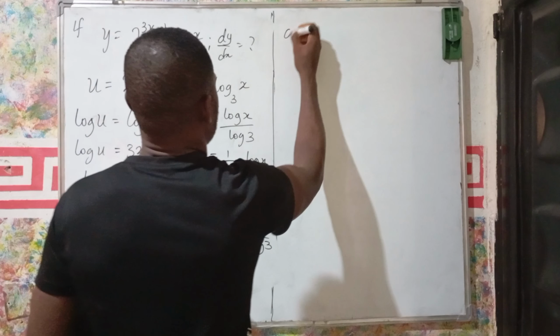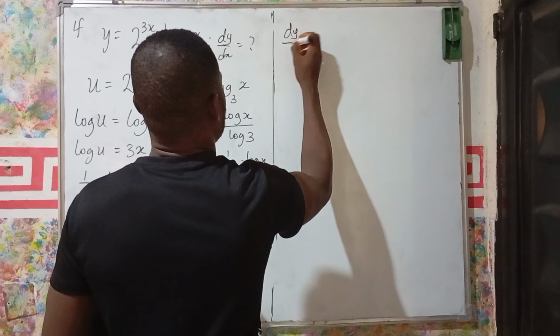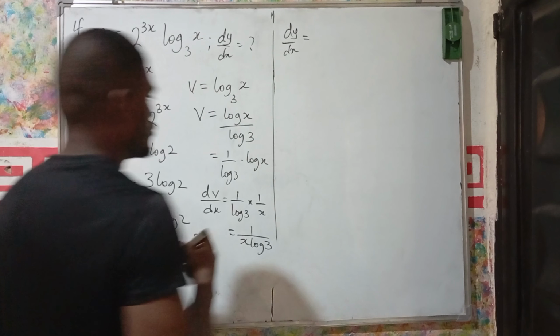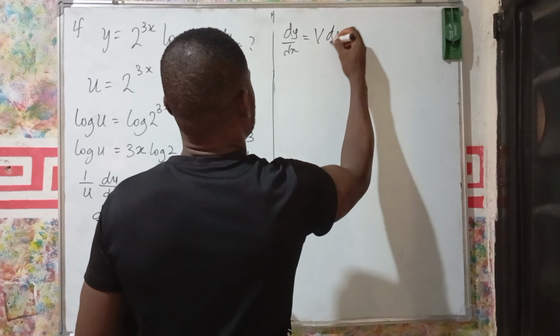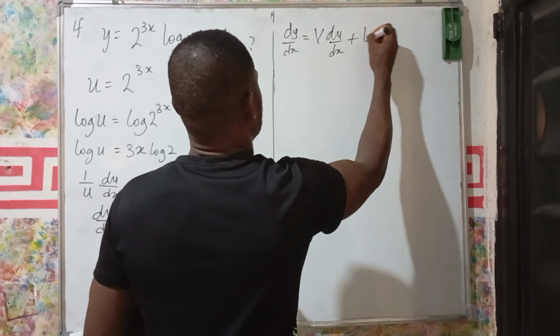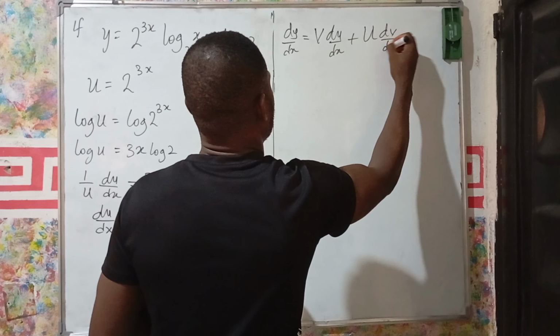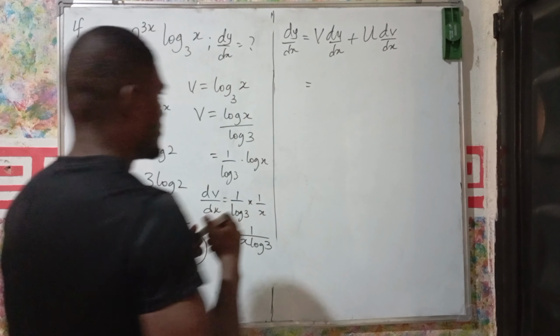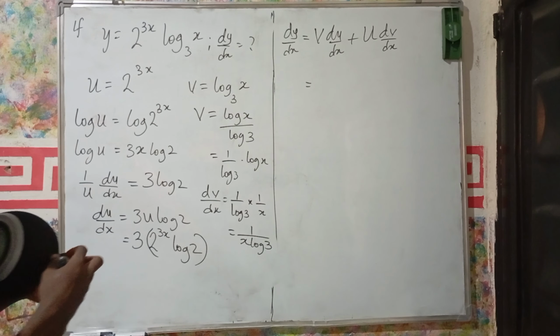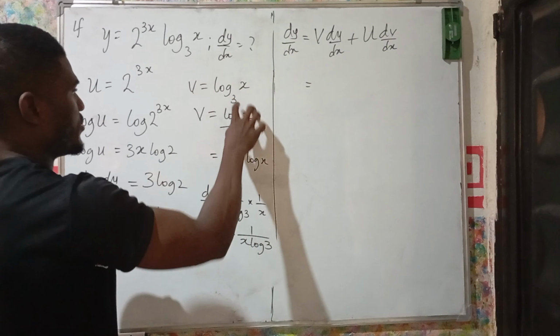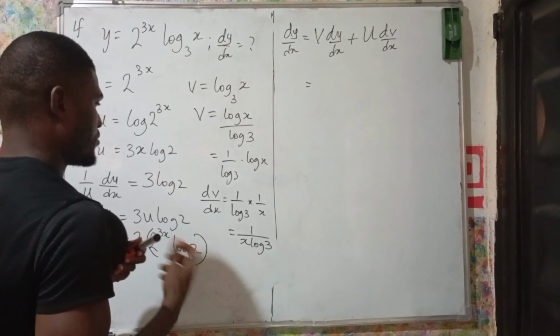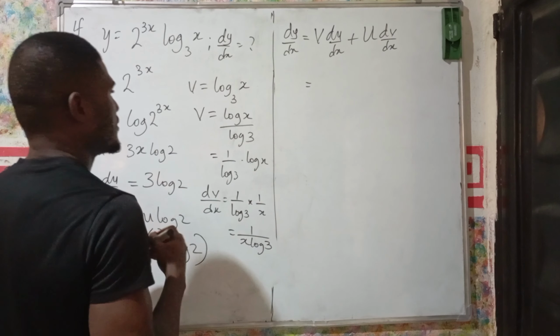Now to find dy/dx, introducing the product rule we say v du/dx plus u dv/dx. That's the formula we're going to apply. For our value of v, you can decide to use either form depending on what we want, so let's use this one.